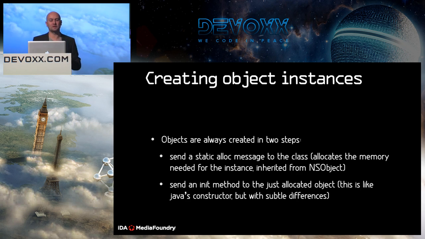You will first need to call a static method, which is available on all NSObject extensions. Basically, you will need to call alloc. And alloc says, allocate some memory for me, and allocate the memory for this class.